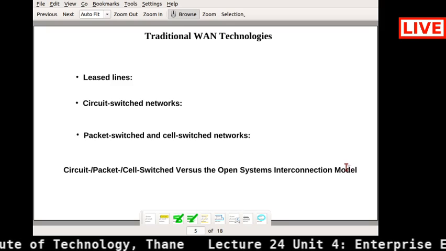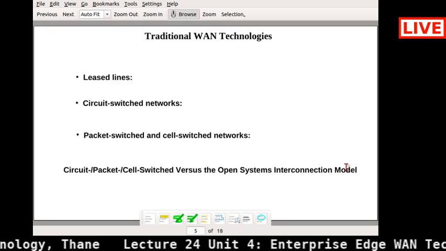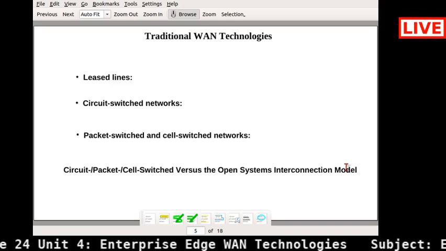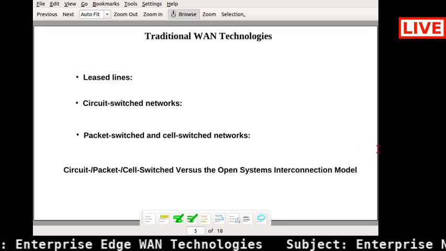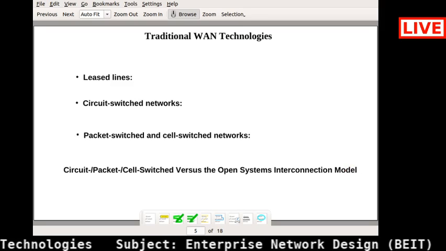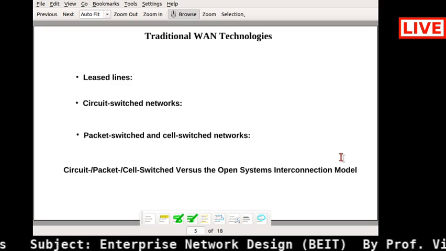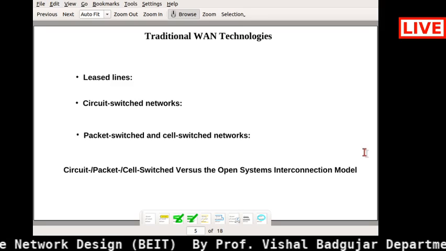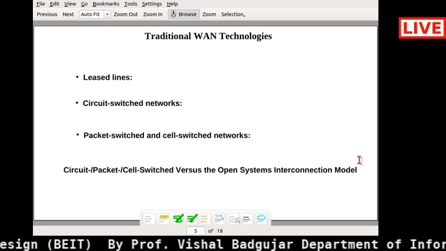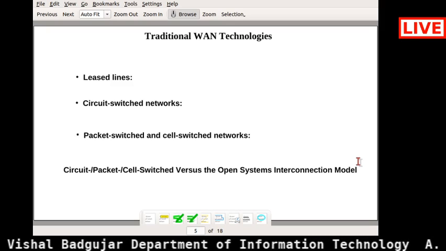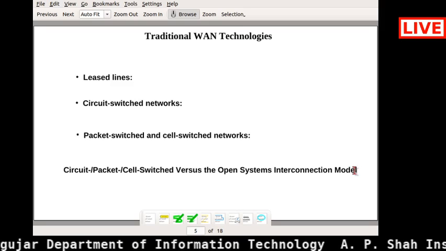And if you compare it with the leased line and the circuit switch network we have seen before, those offer dedicated bandwidth that other users cannot take. While in the packet switch and cell switch network, it traditionally offers more flexibility and is more efficient than your circuit switch network.